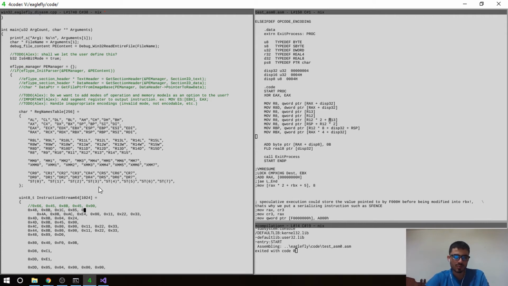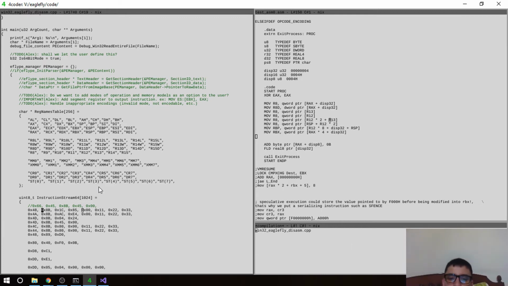And this is a displacement 32, which we have the right data. So we have 48, 8B, 1C, 85. So let's see what's going on there.